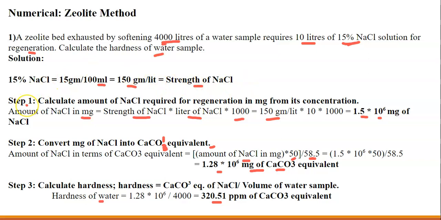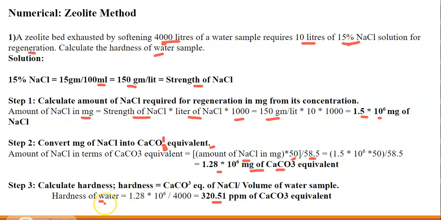Then you calculate the amount of NaCl in mg from its strength and volume in liters. In step 2, you have to convert that amount of NaCl, which is in mg, to equivalents of calcium carbonate. And in the last step, you have to calculate either the hardness or the volume, whatever is asked.